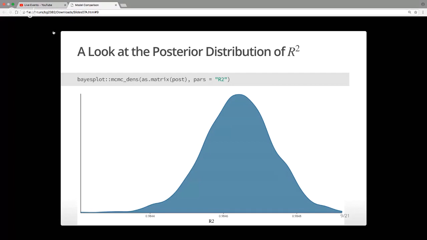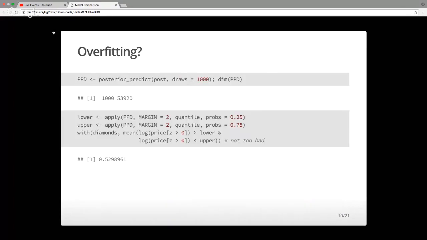It's really the whole thing, even though in this particular case it's pretty concentrated around 0.985 or so. So priors can help avoid overfitting.